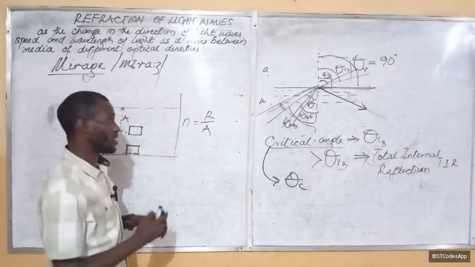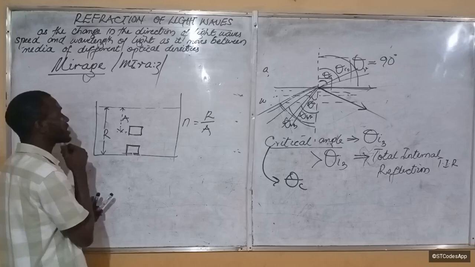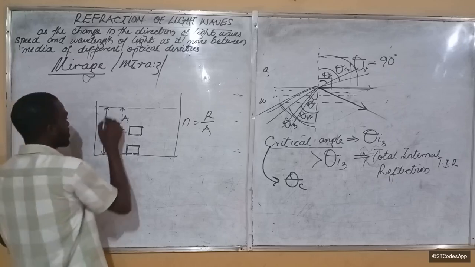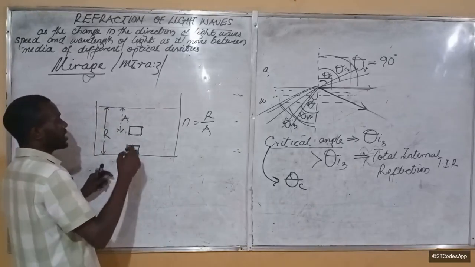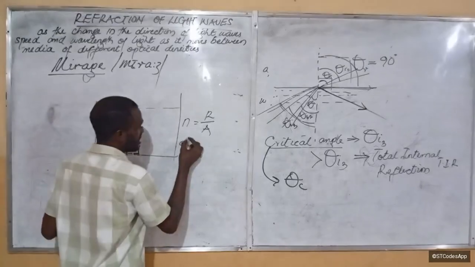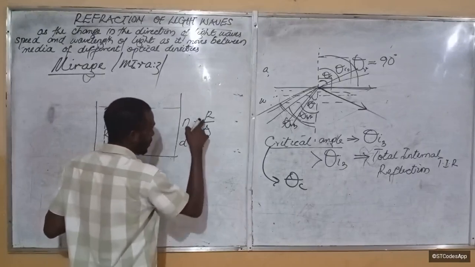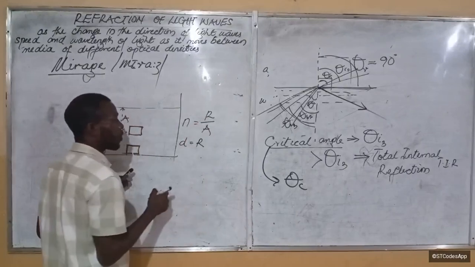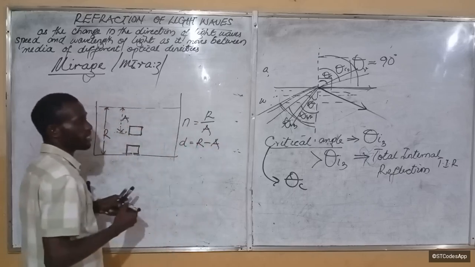Real depth over apparent depth. Now if you notice, the real depth is from here to here. If the depth has shortened, then the depth you see is going to be what? Your real depth minus your apparent depth.